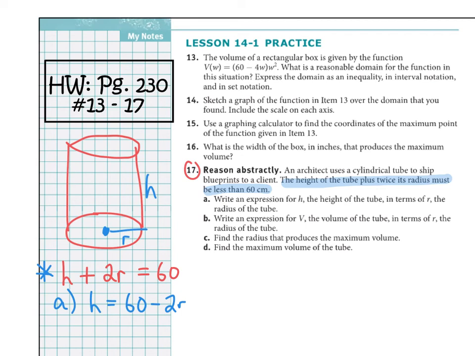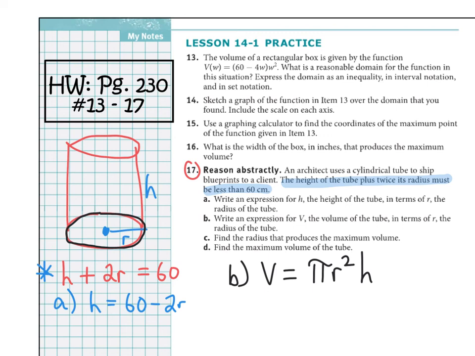Now part B is going to ask, write an expression for the volume. So I want to make sure we know the formula for volume. In general, volume is basically the area of the base times the height. In this case, the base is a circle, so the area of a circle is pi r squared. So the volume of this thing would be the area of the base, pi r squared, times the height.